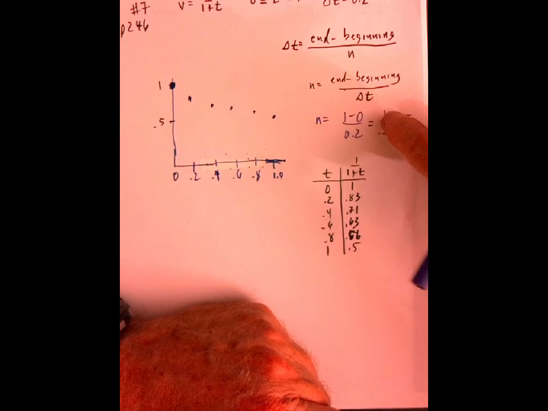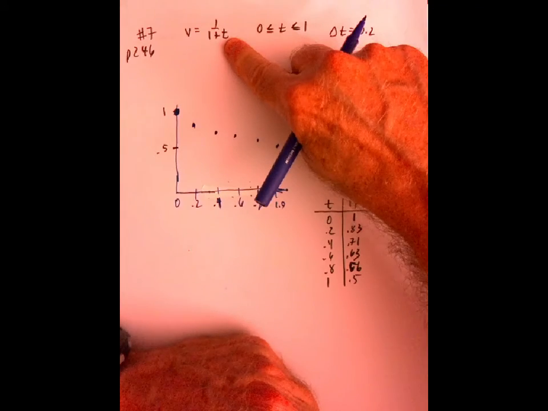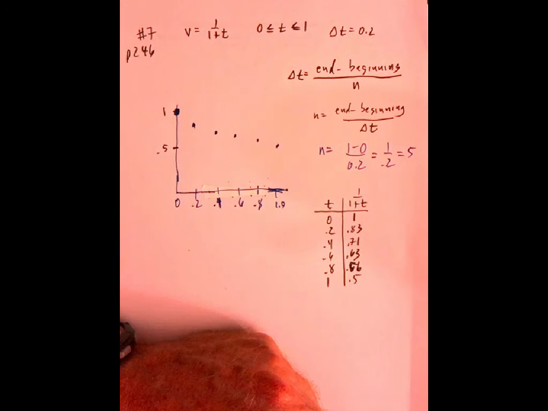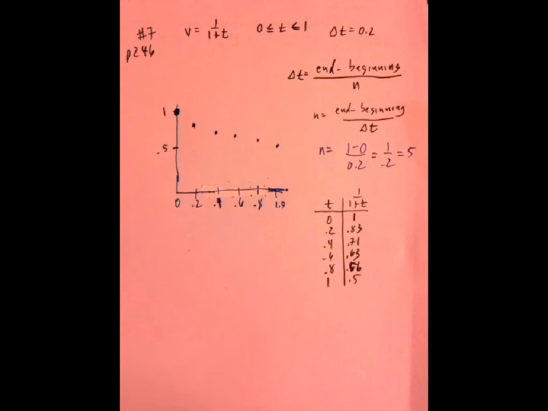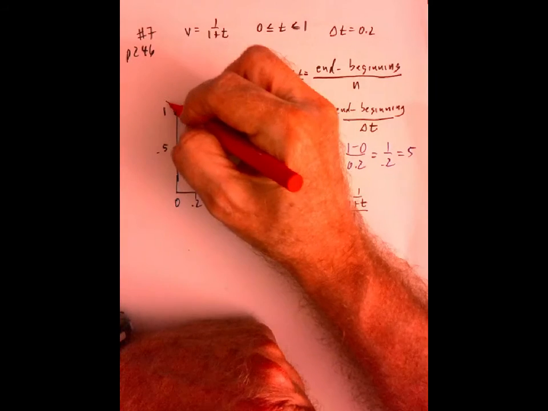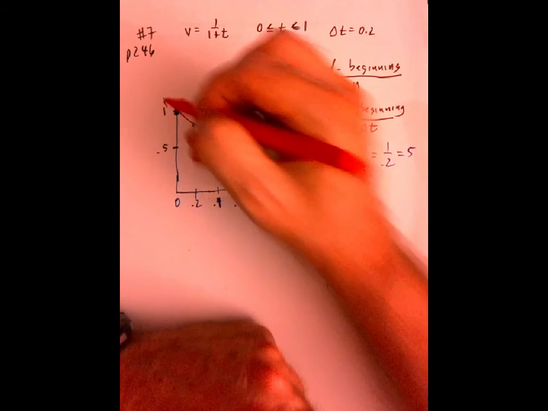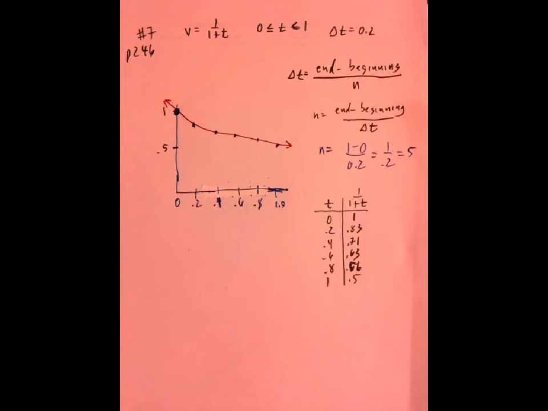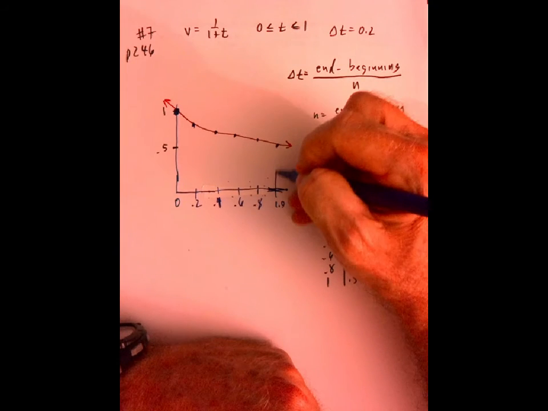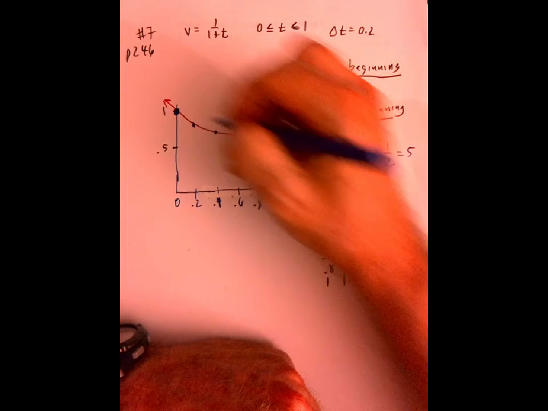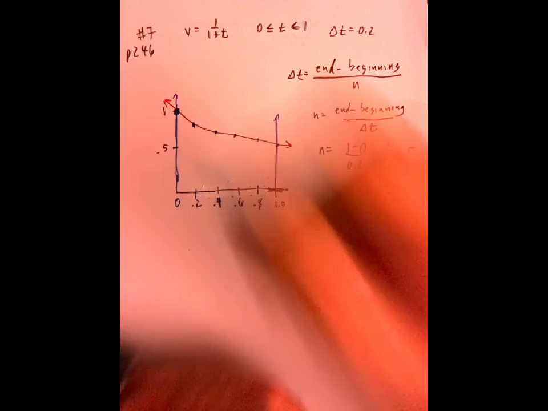Now, if you graph this function on your graphing calculator, you should get something between 0 and 1 that looks like that, right? Okay, so there's our function, our speed function for the bug, and we want to estimate that distance there.